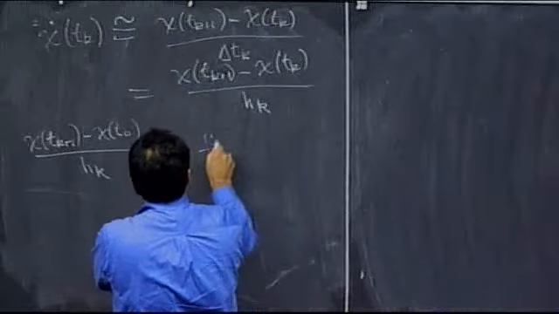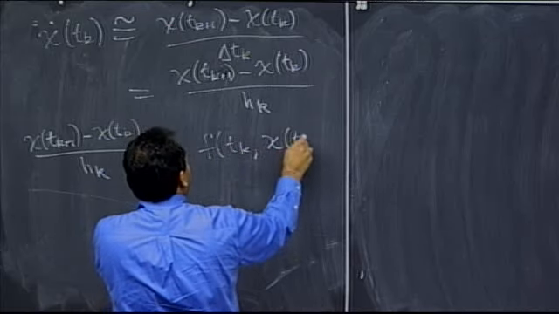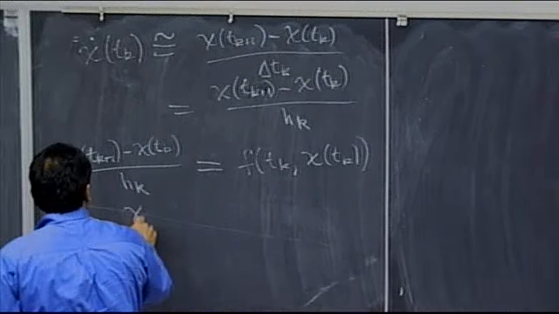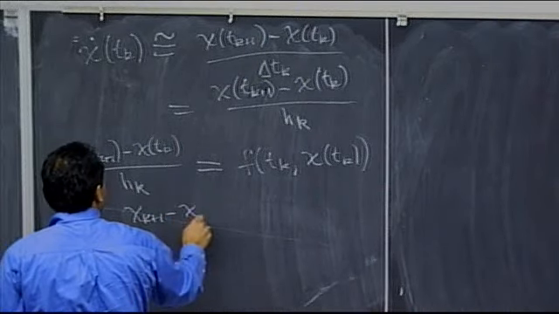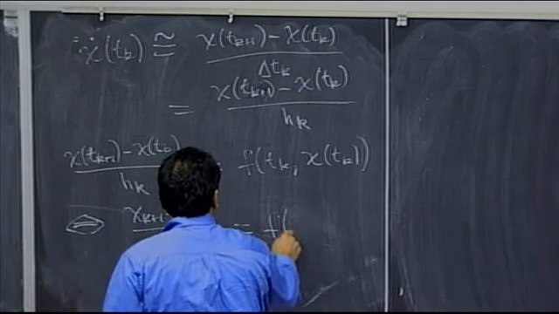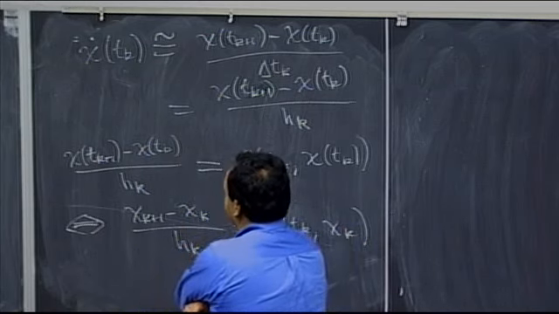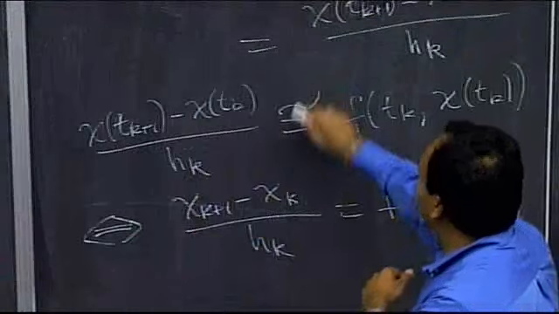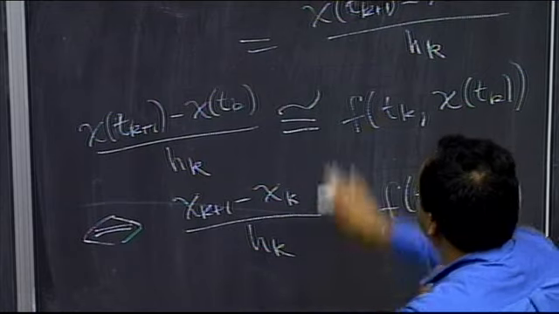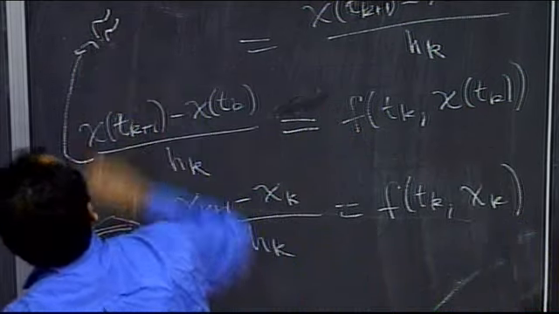F of tk and x of tk, which from now on we're just going to abbreviate. xk plus 1 minus xk all divided by hk equals f of tk and xk. All right? So this is approximately equal to this. Well, actually it's equal to this, but this is approximately equal to that.